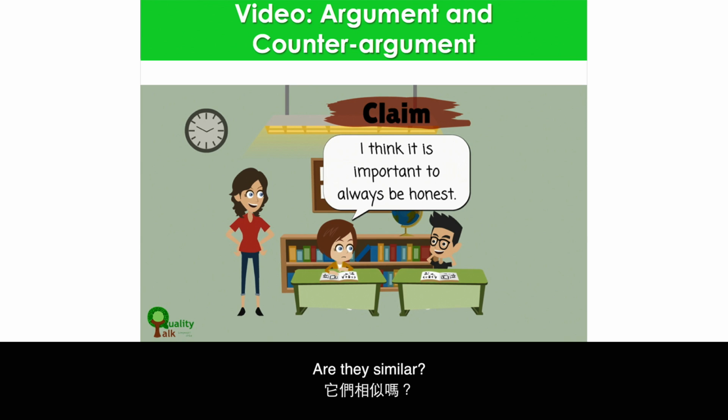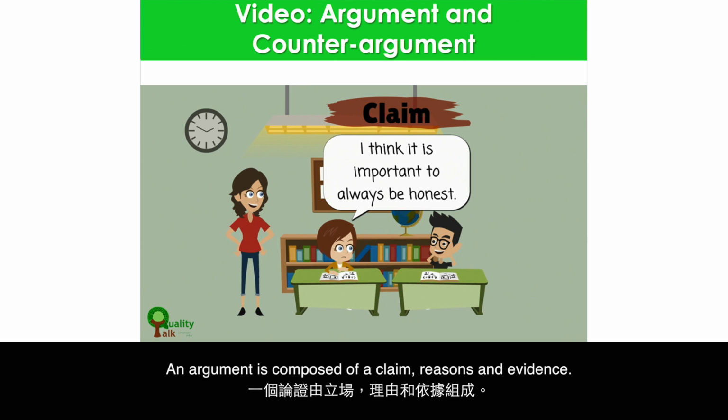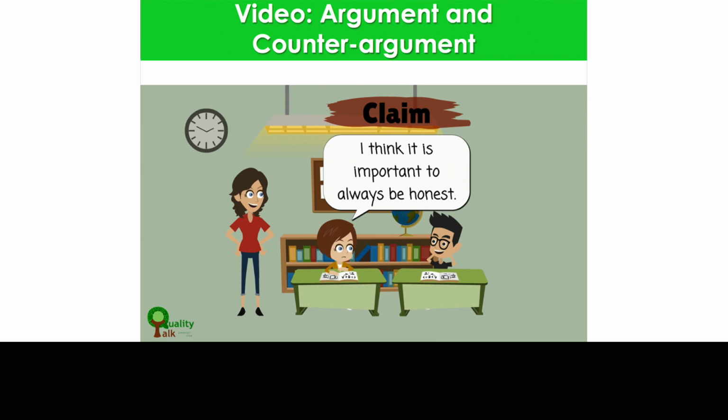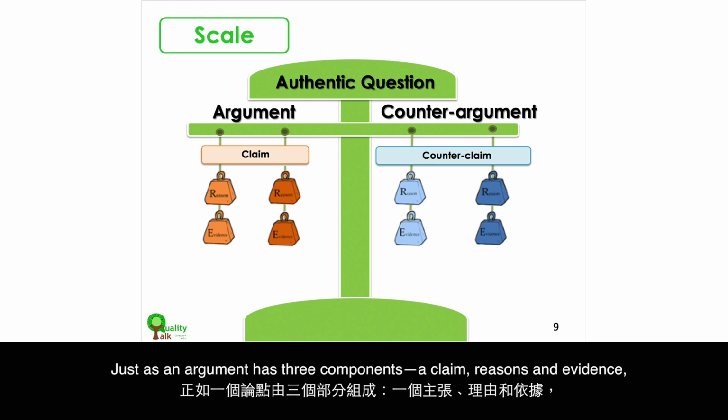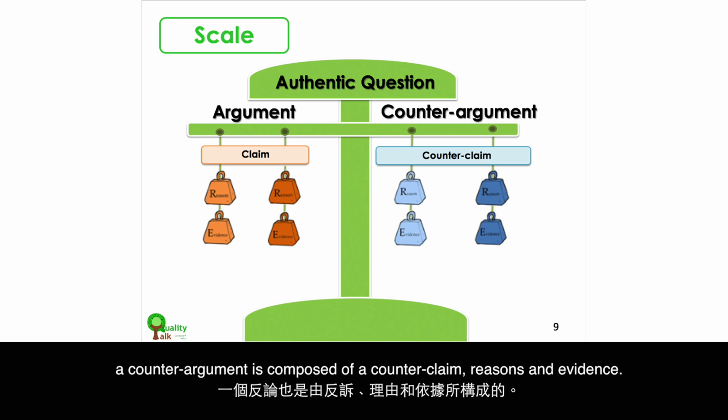Are they similar? An argument is composed of a claim, reasons, and evidence. What about a counter-argument? Just as an argument has three components, a claim, reasons, and evidence, a counter-argument is composed of a counterclaim, reasons, and evidence.